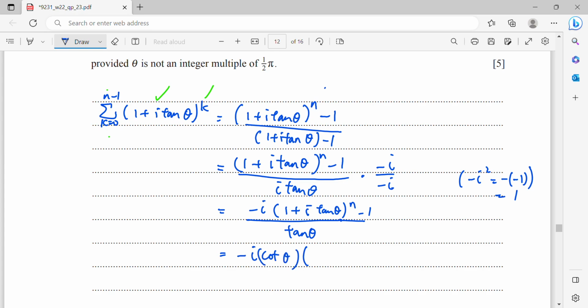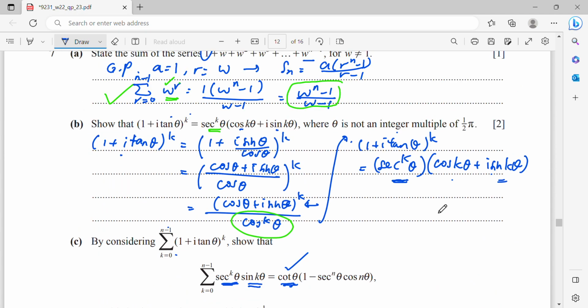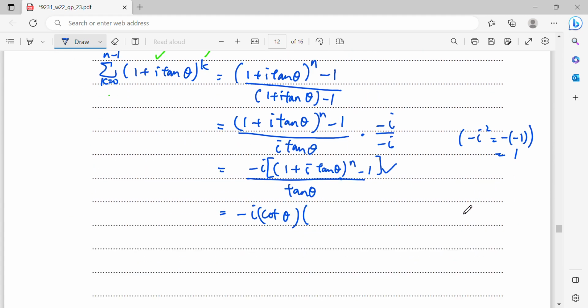All right. So now for this whole part, okay, you need to refer to the part B. So part B here, right? So you see (1 plus i tangent theta) to the power k. So (1 plus i tangent theta) to the power n. Which means the k over there becomes our n. Then you rewrite the minus 1 later on. You just add on.